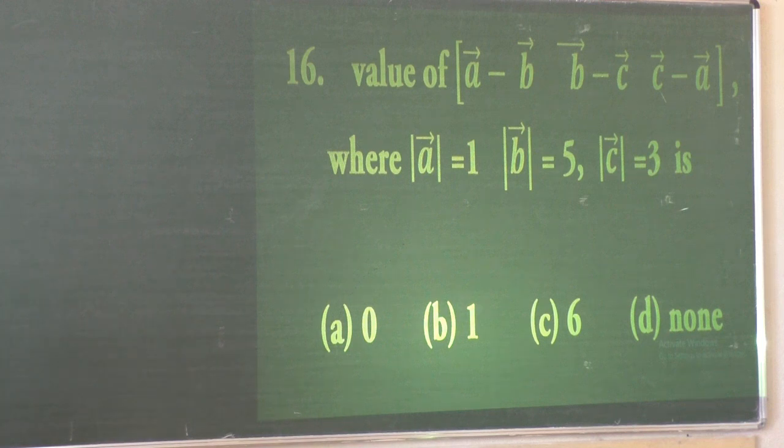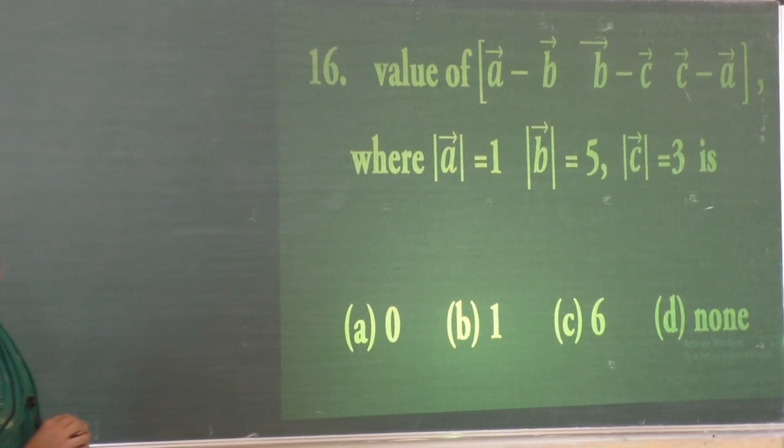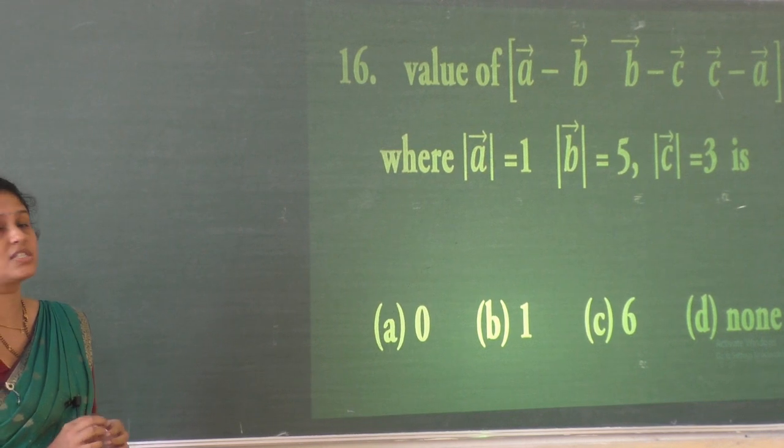Okay, question number 16. Find the value of the box product of vector A minus vector B, vector B minus vector C, vector C minus vector A, where magnitude of vector A is 1, magnitude of vector B is 5, magnitude of vector C is 3. What is the box product of vector A plus vector B, vector B plus vector C, vector C plus vector A?